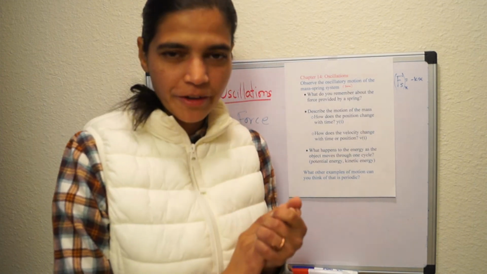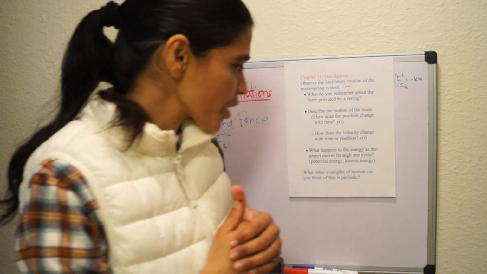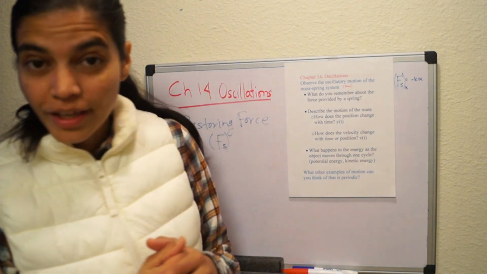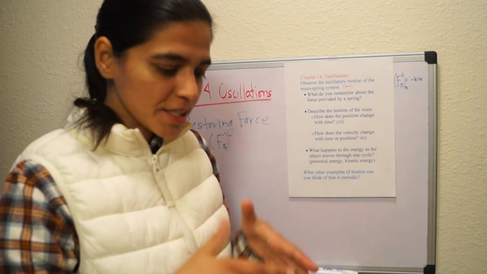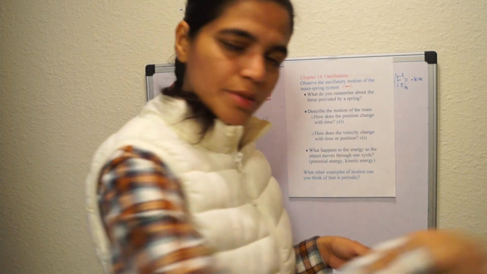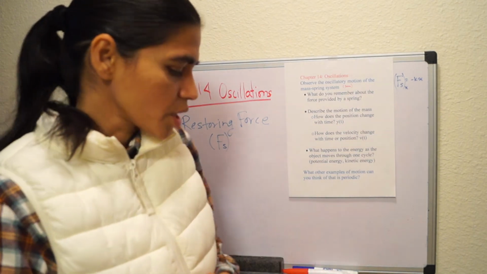What do you think about the swing? When you were younger, maybe you would go to the park and sit in a swing and play. When the person sits there, it goes, comes back, goes, comes back. So that's also another example. That also has a periodic motion.